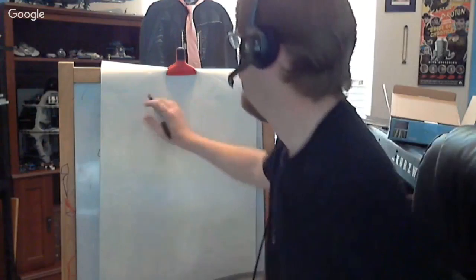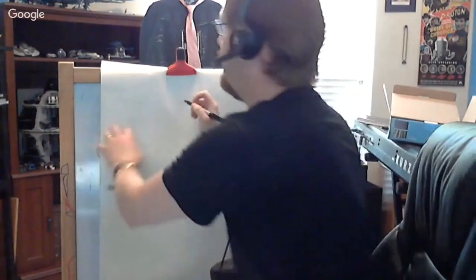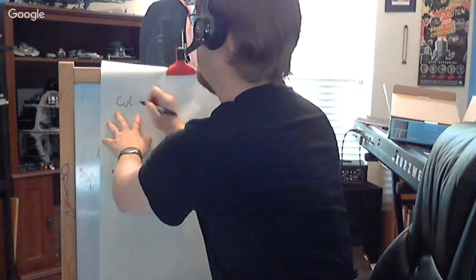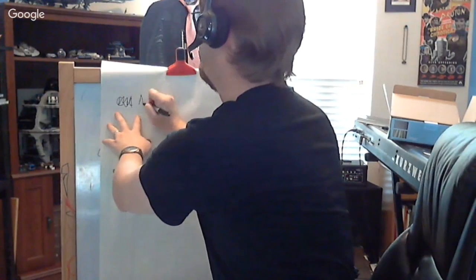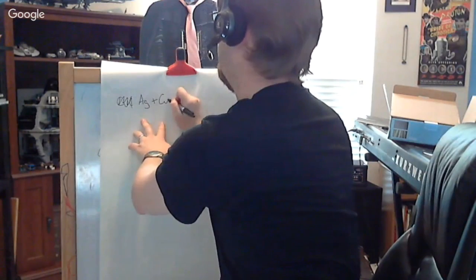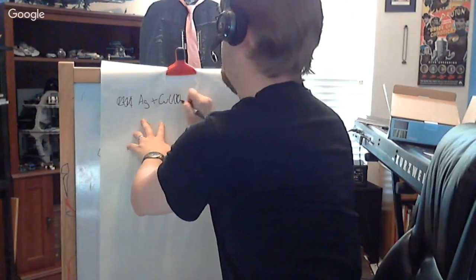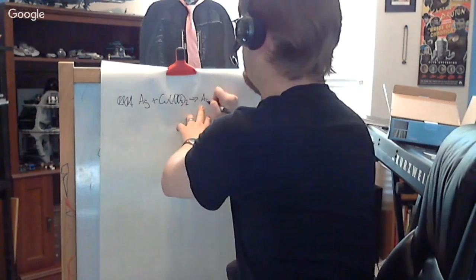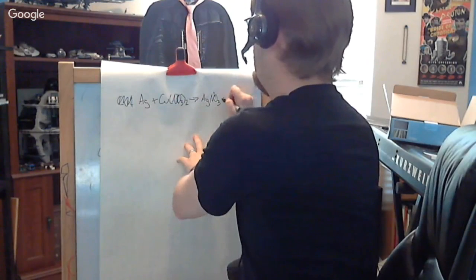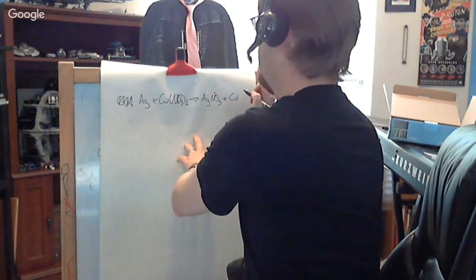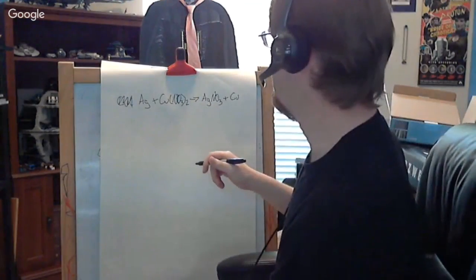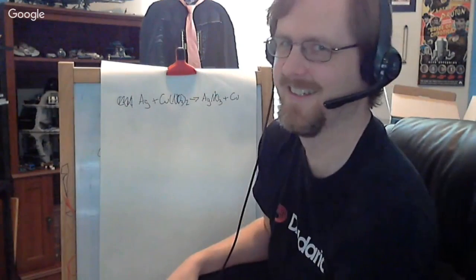Okay. So let's take a look at probably my favorite redox reaction, which is actually one of the ones that we did in the lab. So if we take silver plus copper nitrate, or copper 2 nitrate, it will give us silver nitrate and, wait, no, I just totally wrote that backwards.